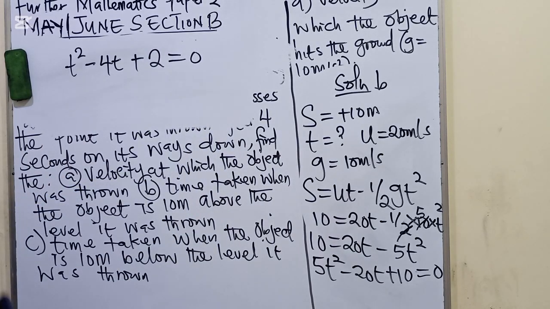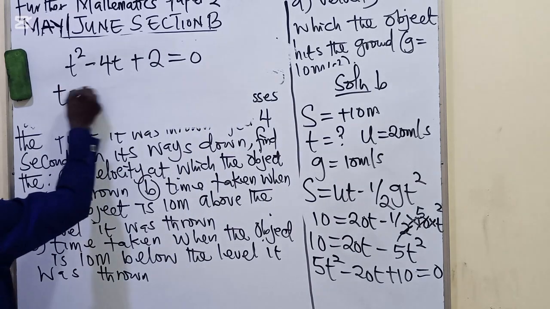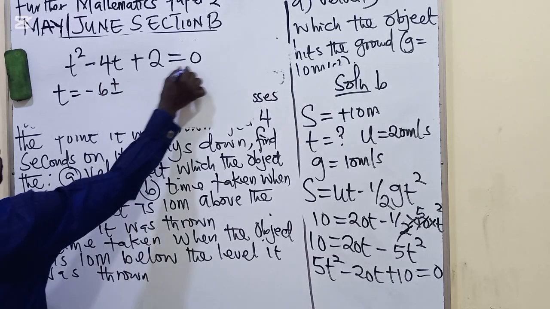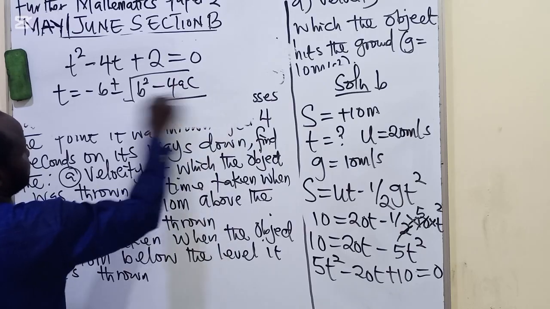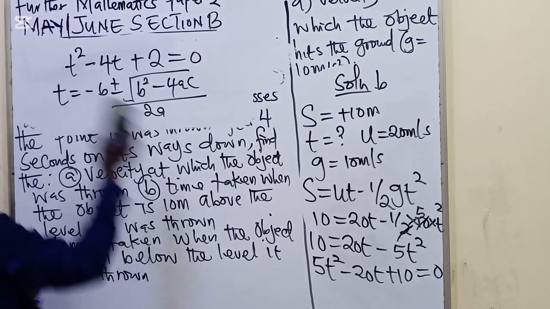Is it factorizable? No. So we have to use the formula method, which is minus b plus or minus root of b squared minus 4ac, divided by 2a.